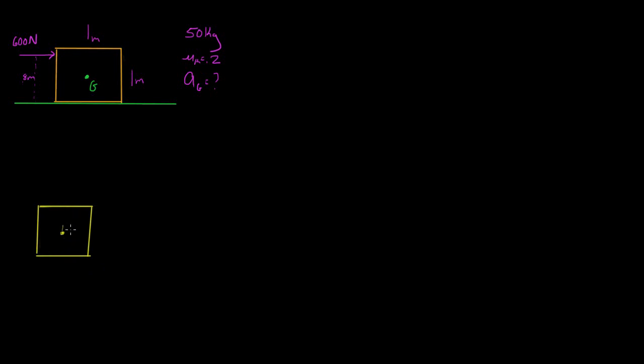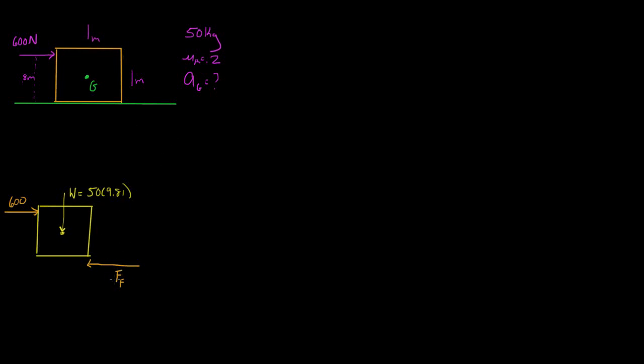So this weight force is right here, and the weight is going to be equal to 50 times 9.81. We're going to have this 600 Newton force that's right here. We're going to have a frictional force, which is right over here.